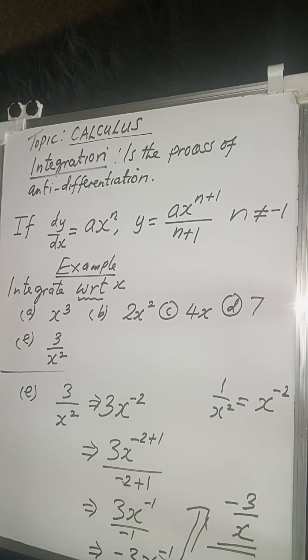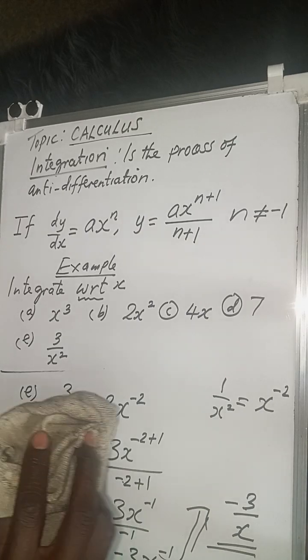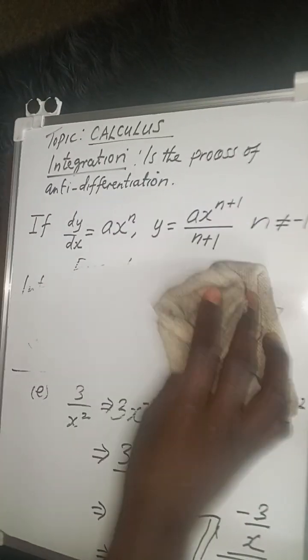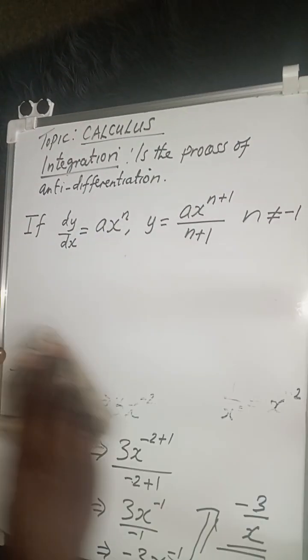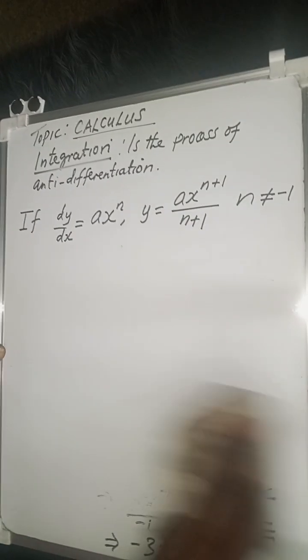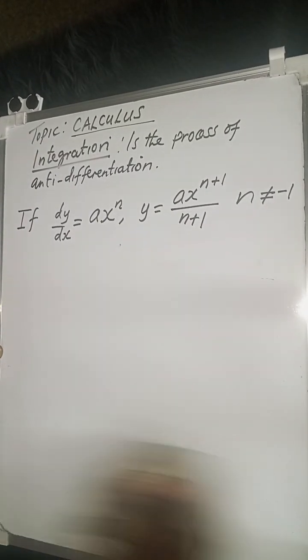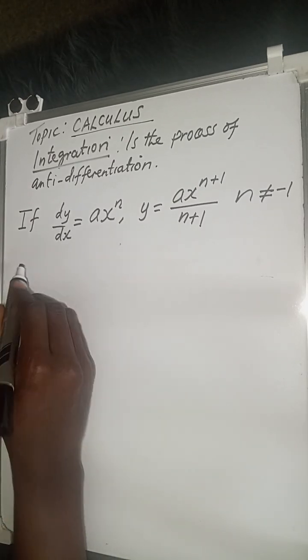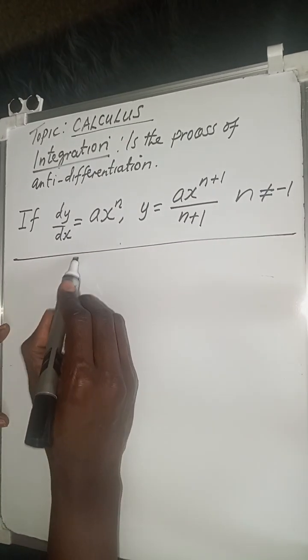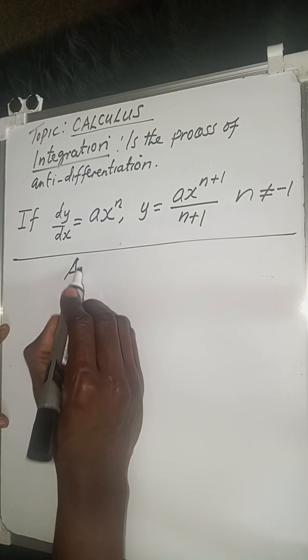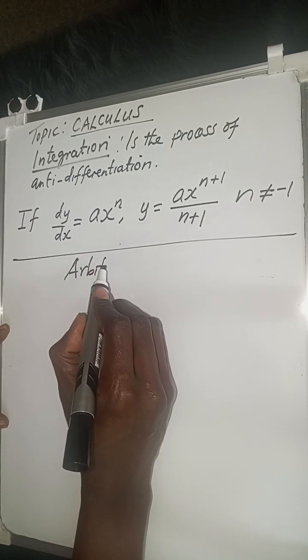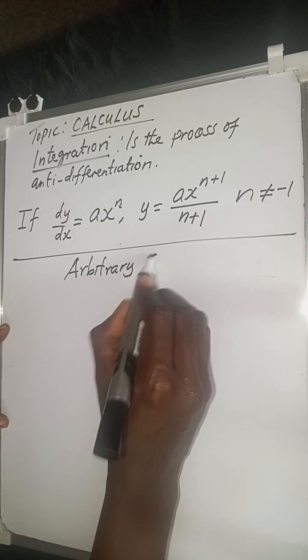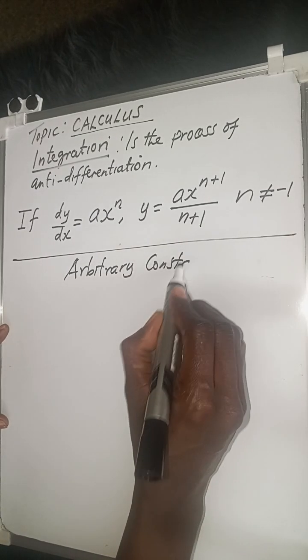Now, it's important. I was just giving you some few concepts that you need to remember when they tell you to integrate, but you need to remember that we don't just end there. There's another important concept that you need to look at. There's what we simply call an arbitrary constant.